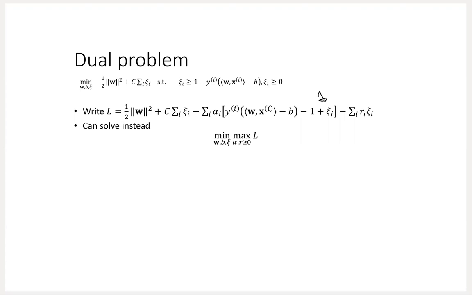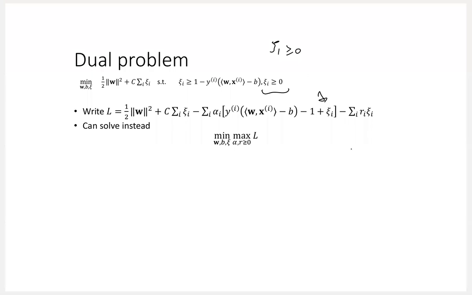We absorb each of these constraints. Let's look at just this one as an example. If the constraint is C0 bigger than or equal to 0, or C1 bigger than or equal to 0 here, right?